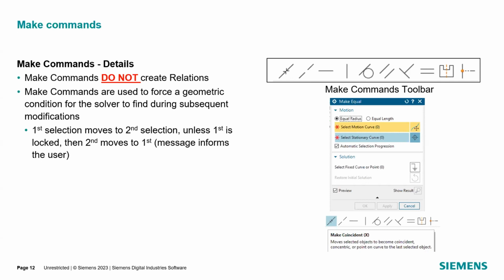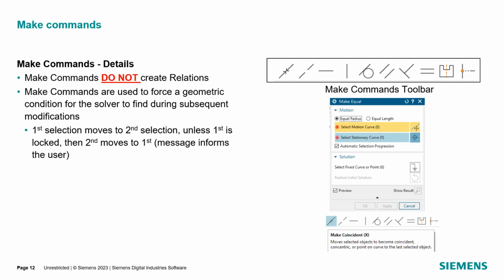And so you're using that to help the solver the next time it goes in and looks at those relations, because you saw it finds them. Those were all the little blue symbols that popped up. So as you do those, just know that it is different than what we've done in the past with geometric constraints.